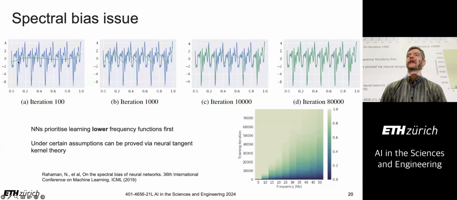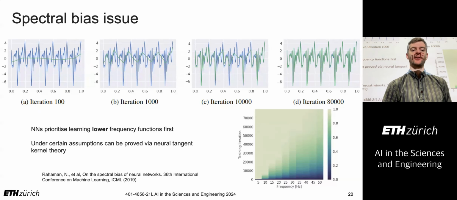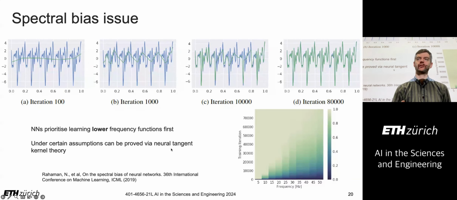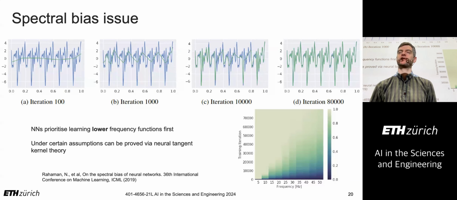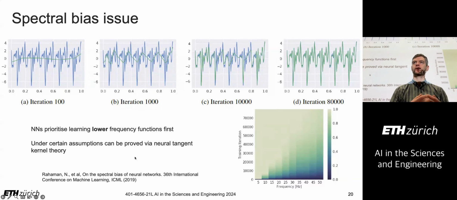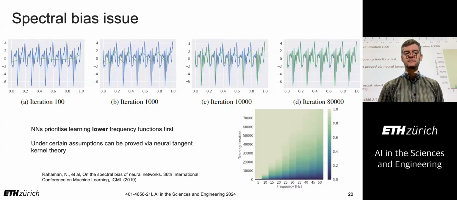Yeah. So that's it. What's really interesting is there's a whole theory behind this that I don't have time to go into, but you can use tools like neural tangent kernel theory to actually analyze, under certain assumptions of the network's architecture, and prove convergence rates of different frequency components, and you can show that higher frequencies converge much slower than lower frequencies.